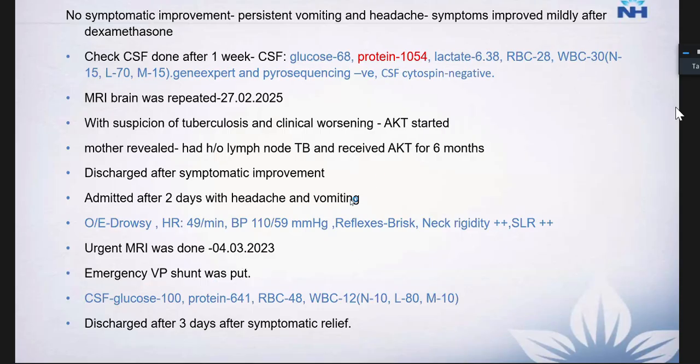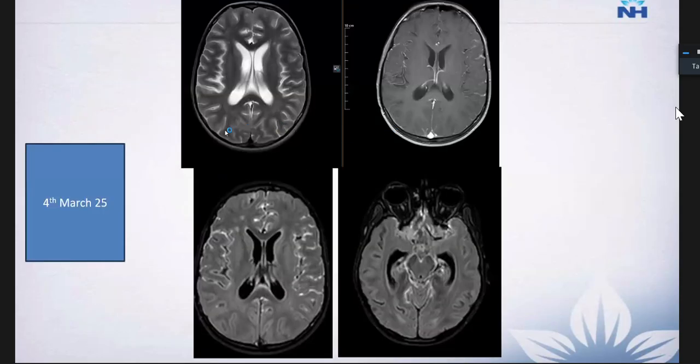These are the imaging findings, in which there was ventriculomegaly affecting the bilateral lateral ventricles. Despite starting AKT initially, you can see there was an increase in leptomeningeal enhancement, and the basal enhancement was looking more and more marked. The enhancement along the sylvian fissures and the suprasellar cistern was also increasing in size, and the ventricle size has gone up. That indicates that the treatment was not responding.